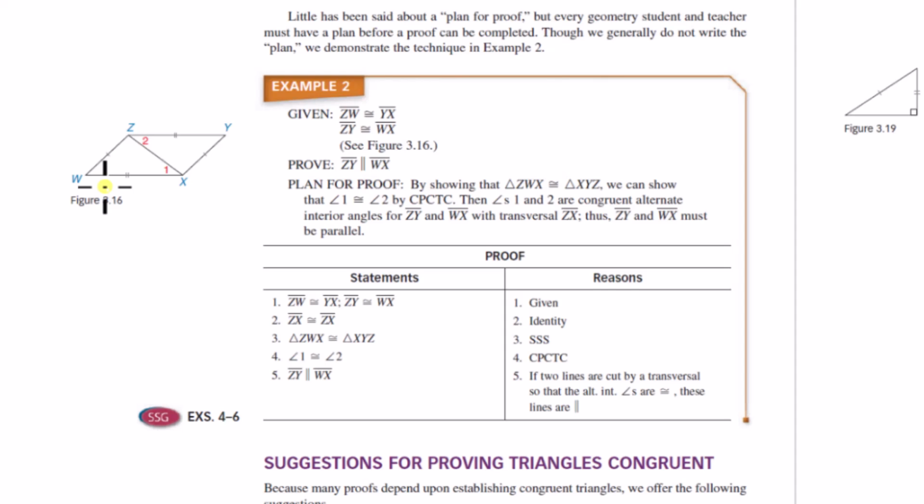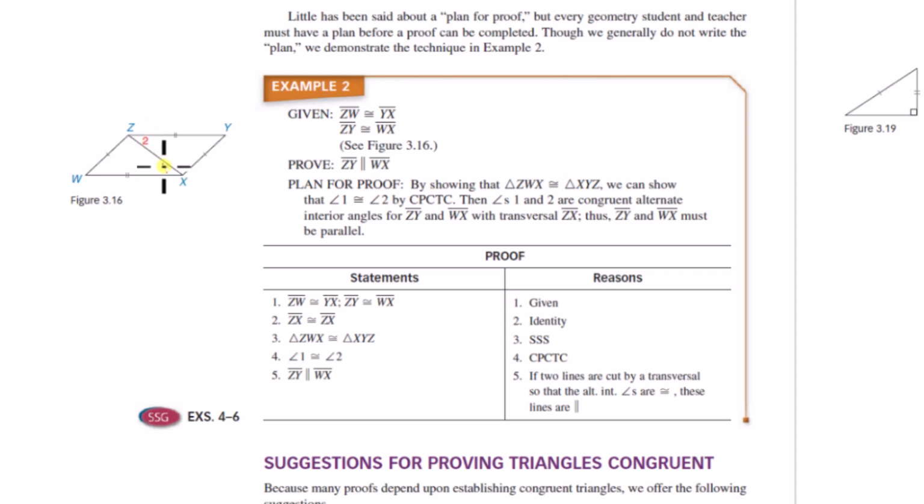Then we can make a statement about whether those lines are parallel. So we're trying to analyze whether or not ZY is parallel to WX. And we've got this transversal here. We've actually got three potential transversals. So it would be nice if we could get information about these different angles, right?